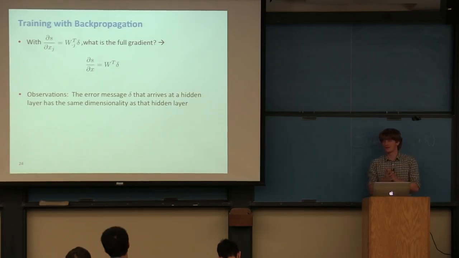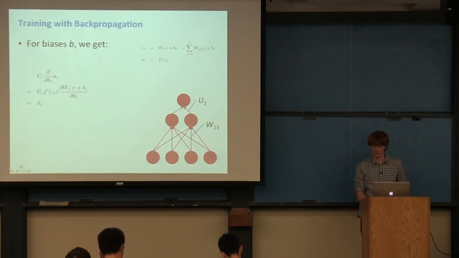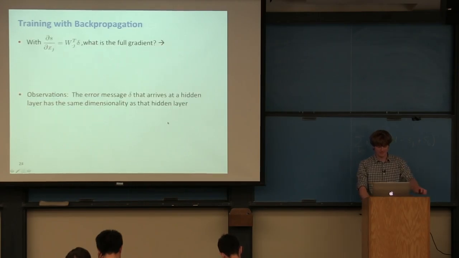One observation we want to make here is that the error message delta that arrives at a hidden layer always has the same dimensionality as that hidden layer. The delta in this case arrives right here, and so it has 2 dimensions because this hidden layer is 2-dimensional as well.